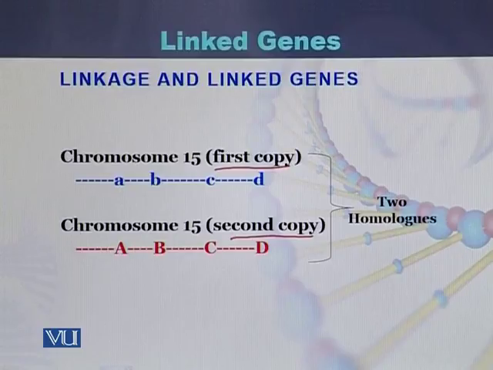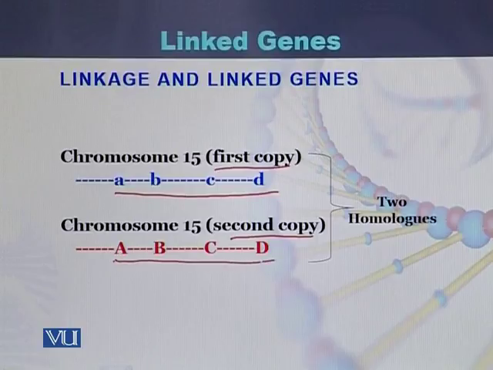The sequence of the genes present on the first copy of chromosome 15 is A, B, C and D, while the placement of the genes on the second copy of the homologous can be written as capital A, B and C, D.